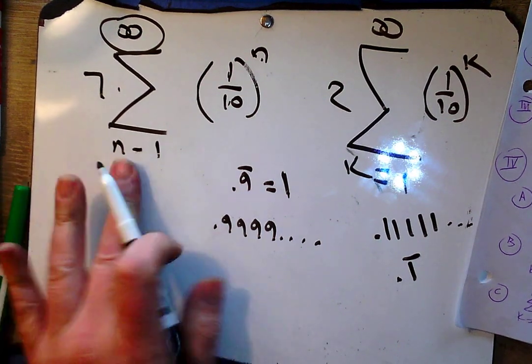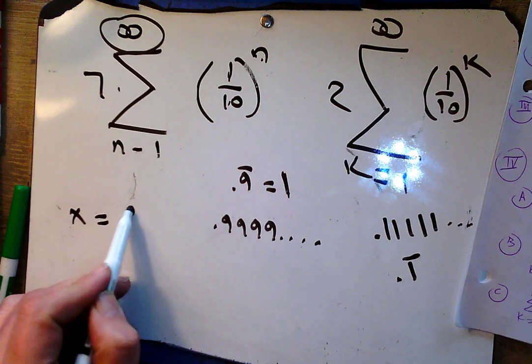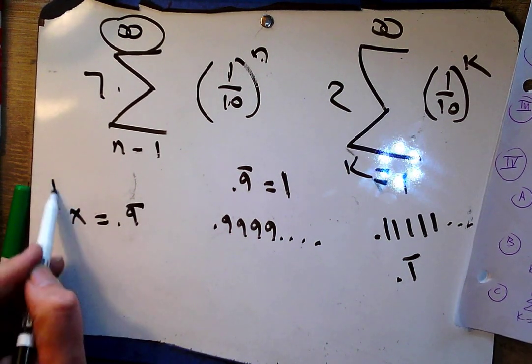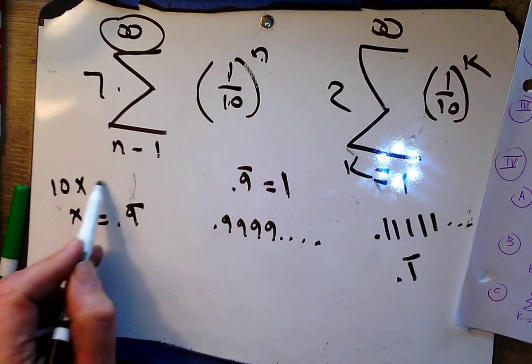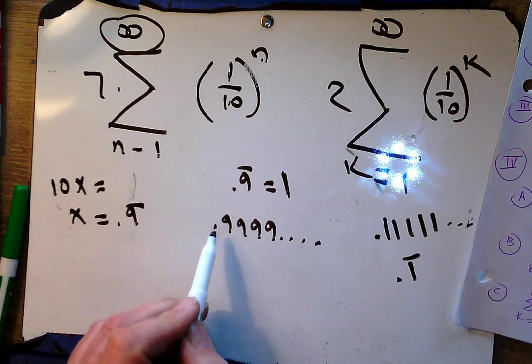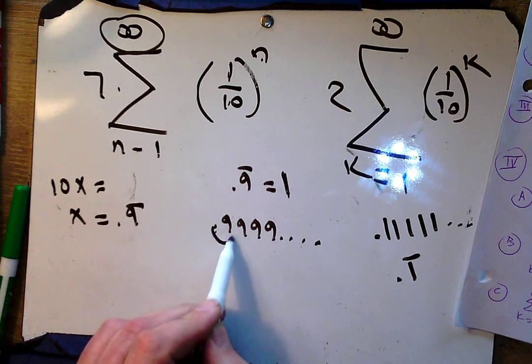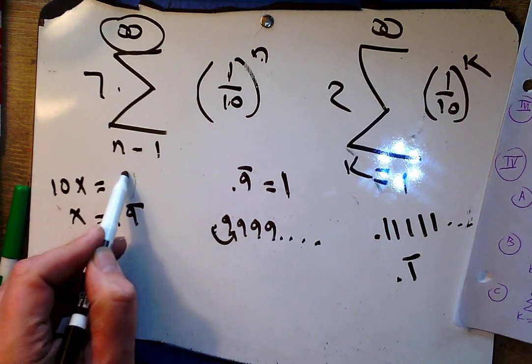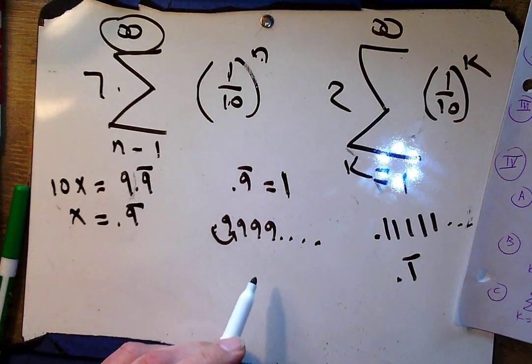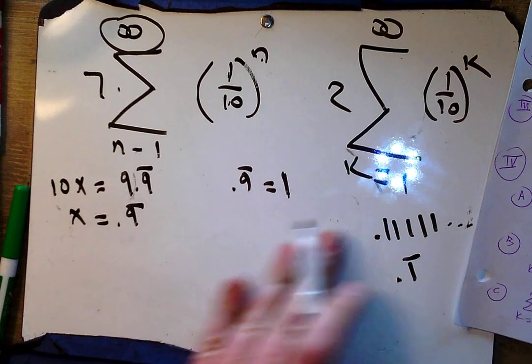And then let's multiply both sides of this equation by 10. Okay? On the left, I'll have 10 times x, or 10x. And on the right, when I take this and multiply by 10, that's just going to move the decimal over 1. So I'm going to have 9.9 repeating. Okay? You buy that? Is that good? All right.